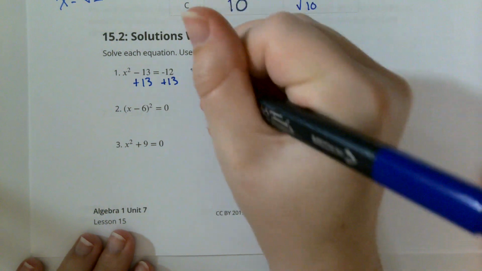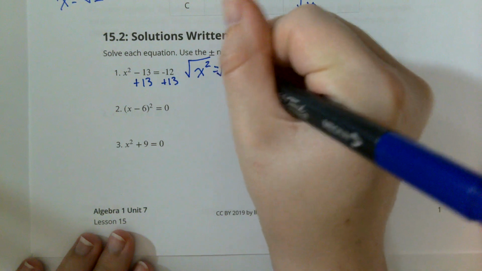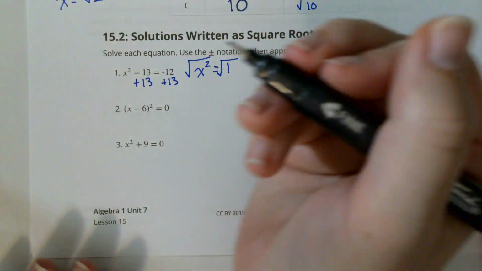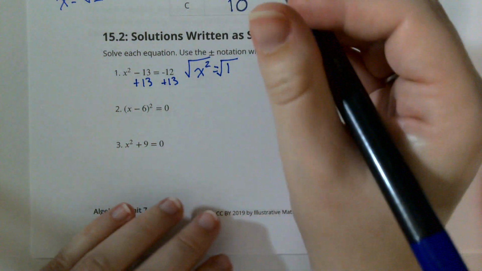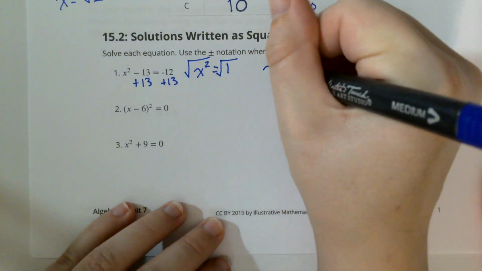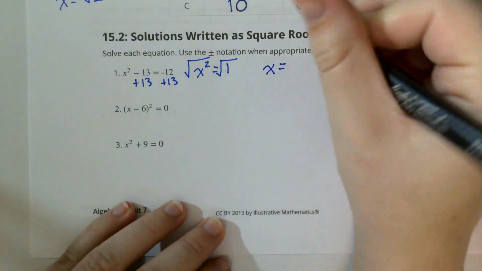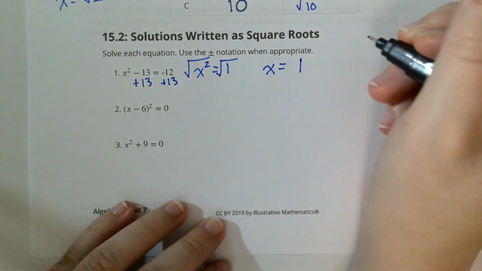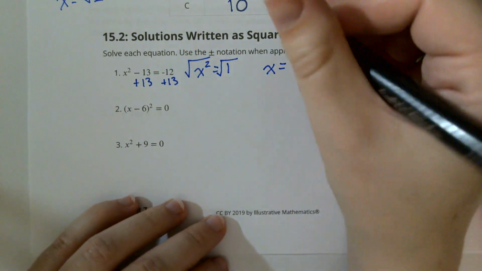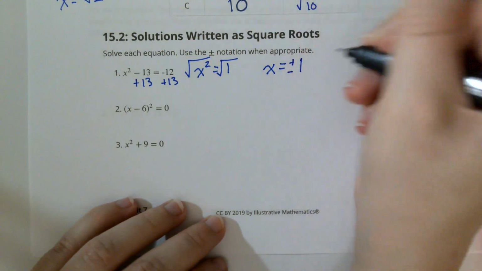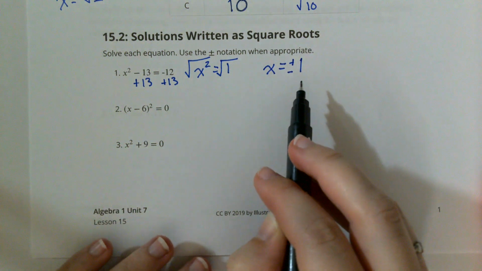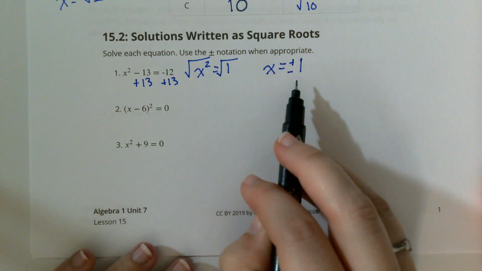is just going to be 1. Then I'm going to square root both sides. And I'm going to get x equals, you might be thinking 1. That's not wrong. But it's actually positive or negative 1. So this is basically saying that x can be positive 1 or x can be negative 1.